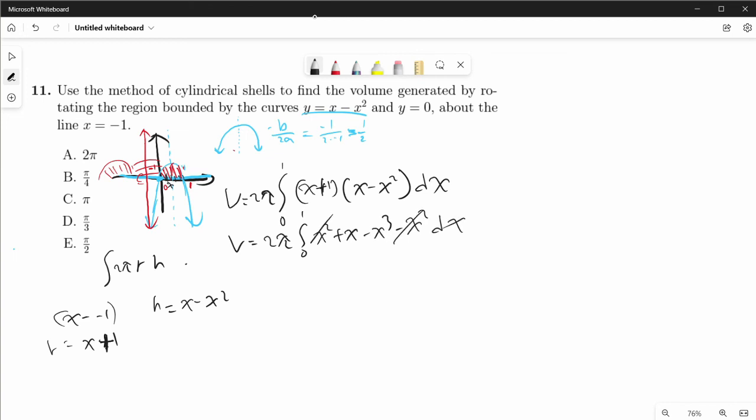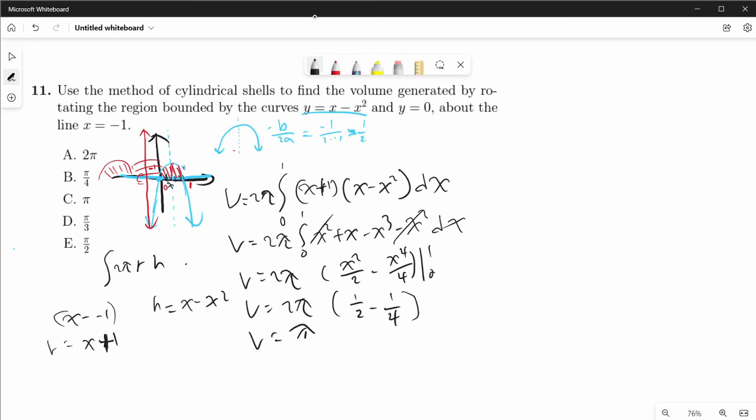The x squares cancel out, so our volume would be the integral: x squared over 2 minus x to the 4th over 4, evaluated from 0 to 1, 2 pi times 1/2 minus 1/4, so that'll be 1/4. And then minus 0 plus 0, so we have pi over 2, which is answer choice E.